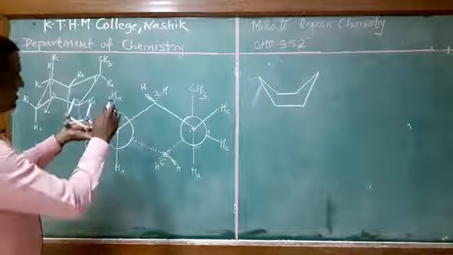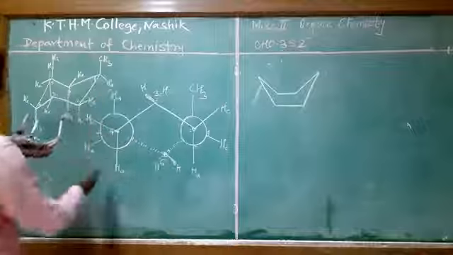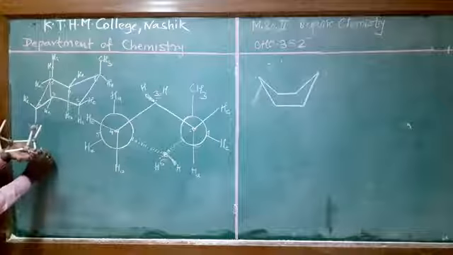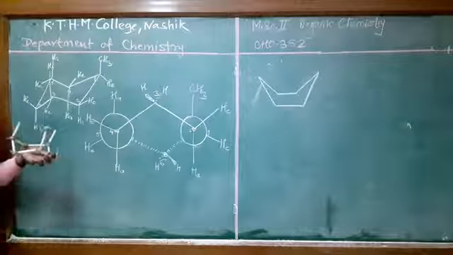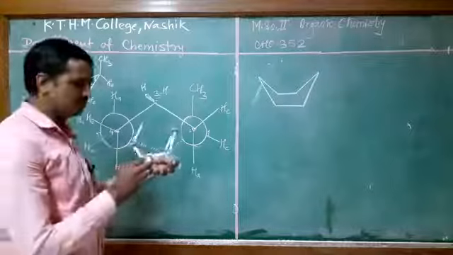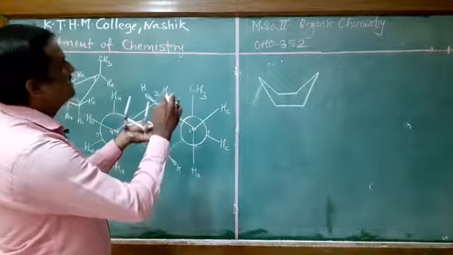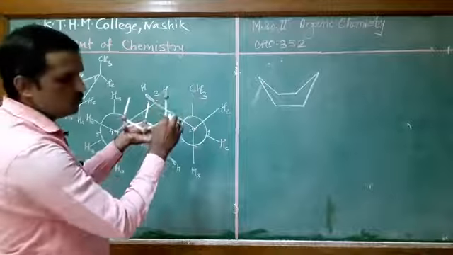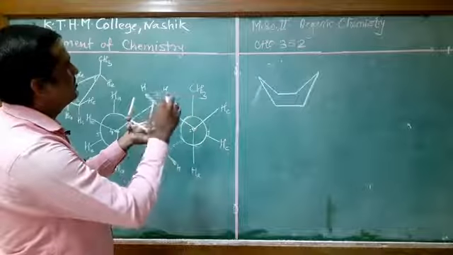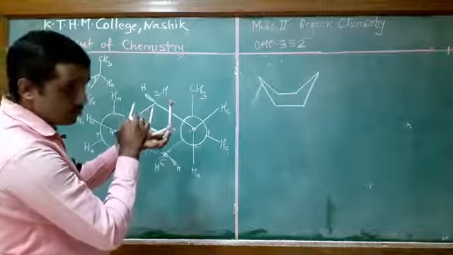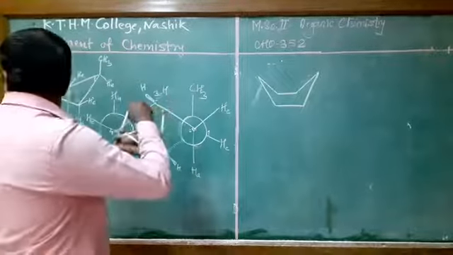Because of this axial substitution, this one mono substitution over cyclohexane, we observe that this carbon number 1 CH3 has an interaction with the carbon number 3 hydrogen and the carbon number 5 hydrogen.